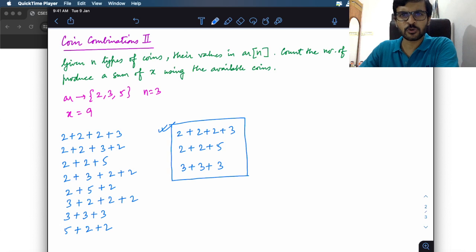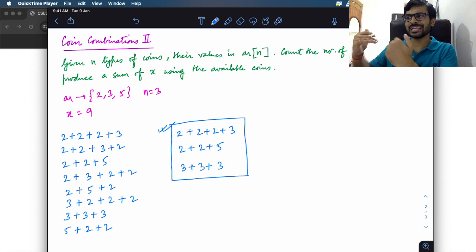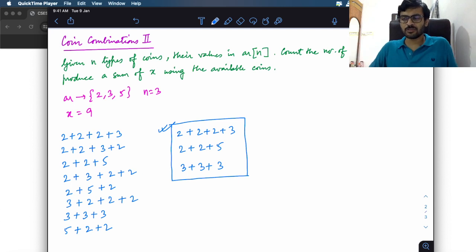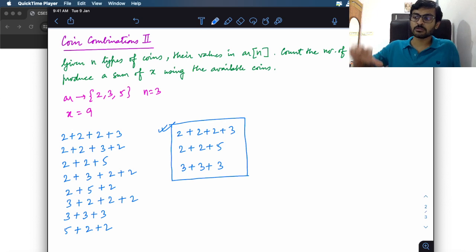Now the thing is, how do we solve this problem? How do we bring this orderedness? We saw that while we let it remain unordered, basically when we did not pay any special attention to counting the different ordered ways together, it was an easy task for us. We basically said, okay, take 2 or 3 as the last coin and then be blind. Forget what is being taken over there.